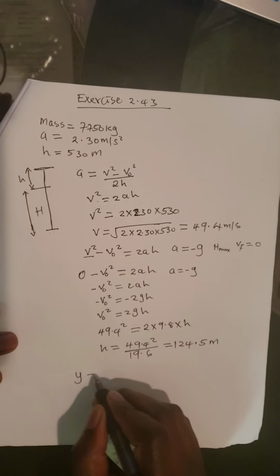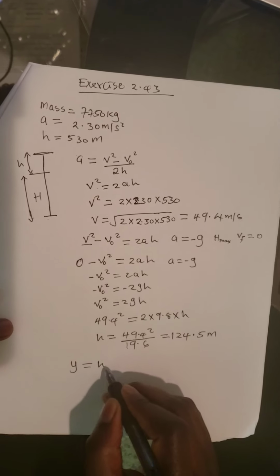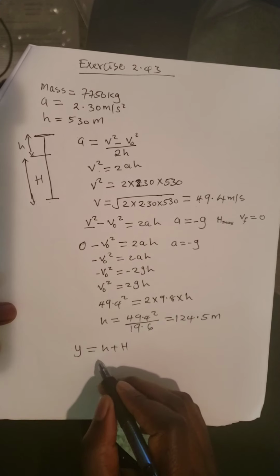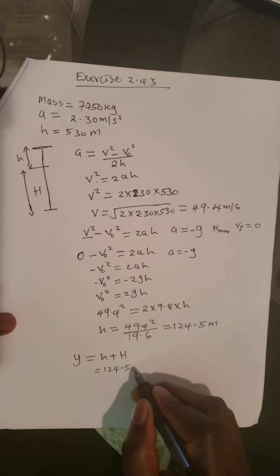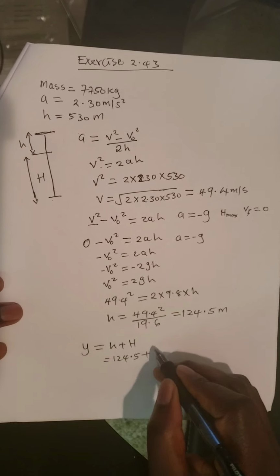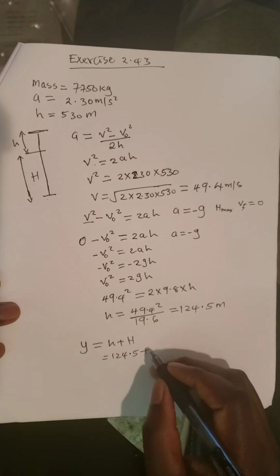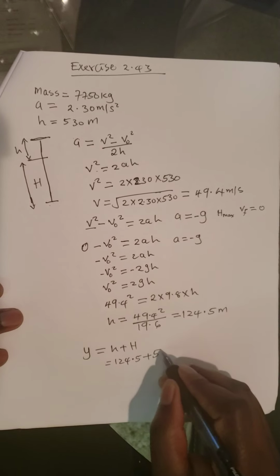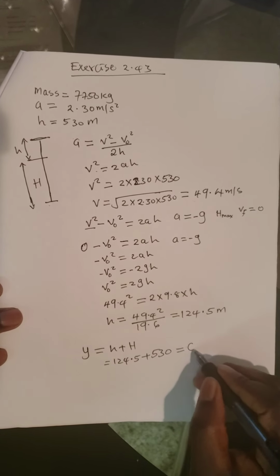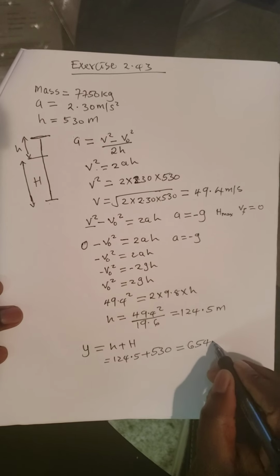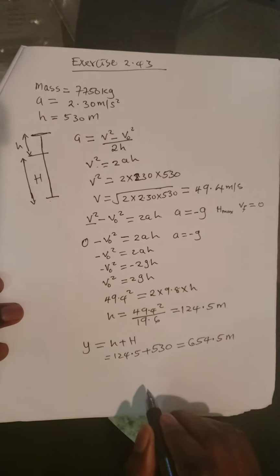So the total height, call it y, is going to be equal to h plus h, and this is 124.5 plus our initial h, which was 530. So this is giving us 654.5 meters.